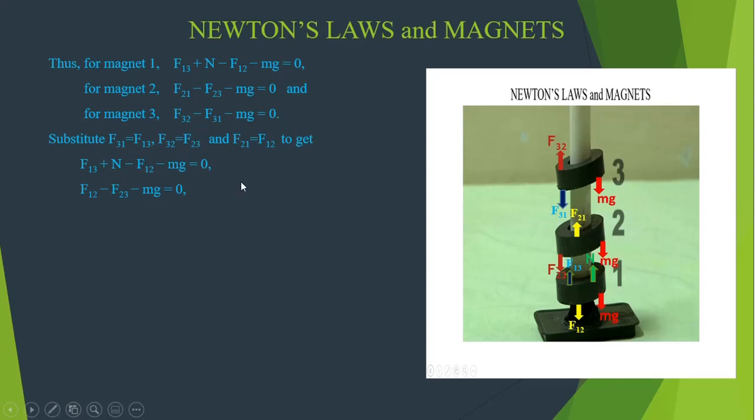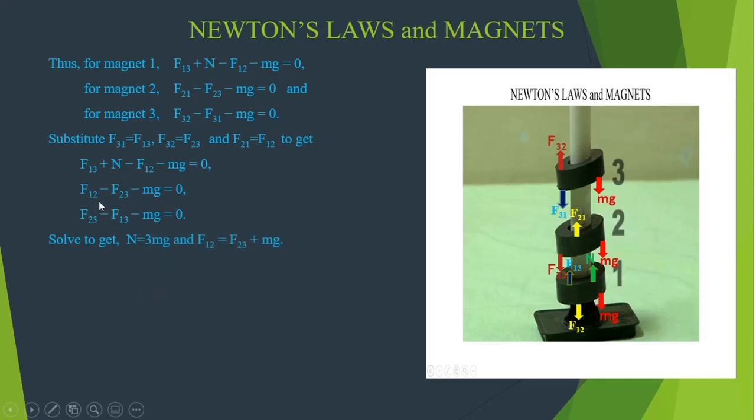Then the third equation is F23 minus F13 minus mg equals 0. Now adding these three equations, F13 minus F13 cancels, F12 minus F12 cancels, and minus F23 plus F23 also cancels. So N minus mg minus mg minus mg, that is minus 3 mg, equals 0. N minus 3 mg equals 0, which means N equals 3 mg.